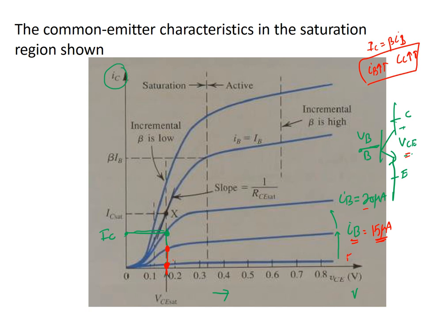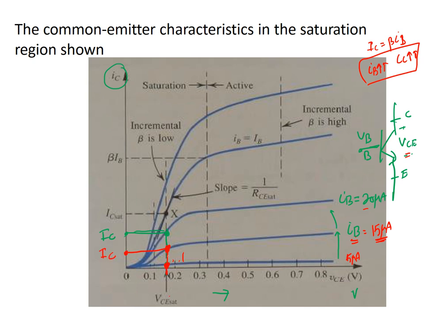Let's say this is 5 microampere, so I increase from 5 microampere and I reach 50 microampere. If I am at 50 microampere, I will get a corresponding value of the collector current.